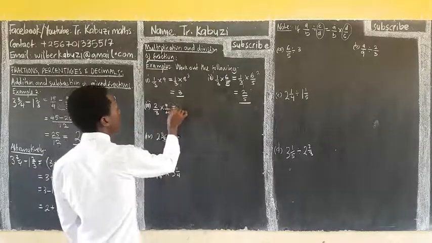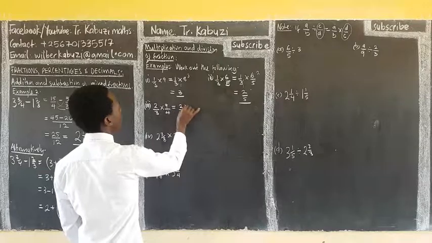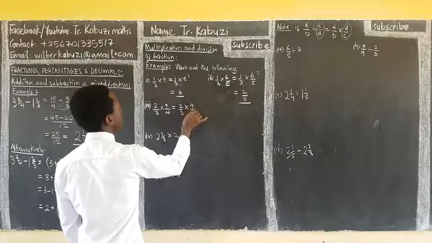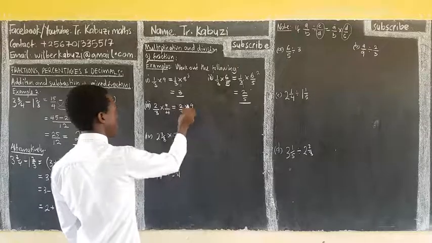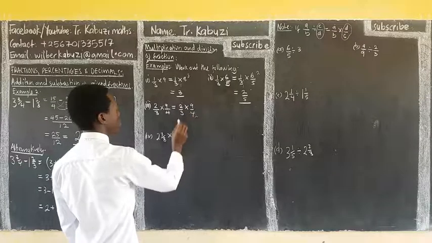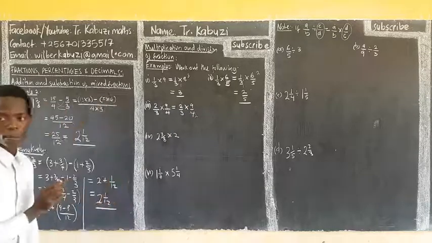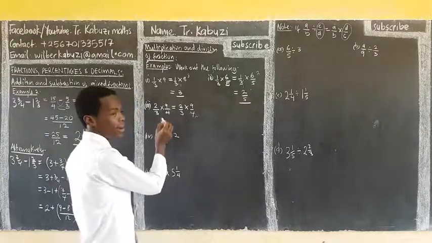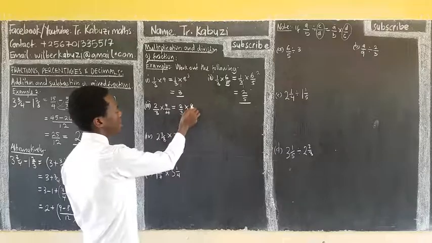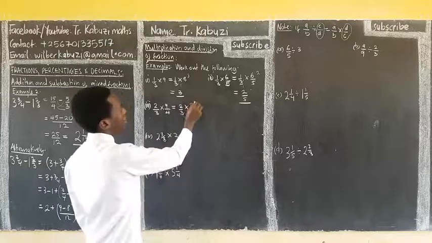Okay, this one we have 2 over 3 times 9 over 4. Are there numbers to reduce? Yes, by this 1, by this 2. Is there any other number? Which one? 3 into what? This one, then this 3.